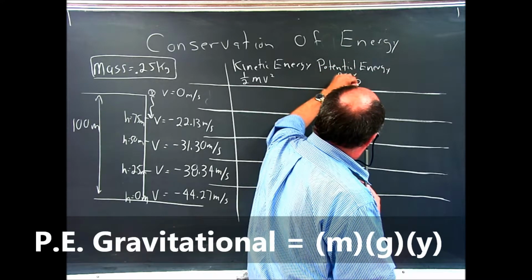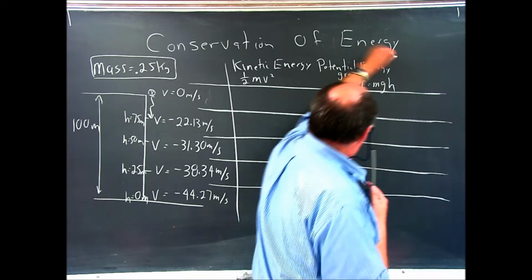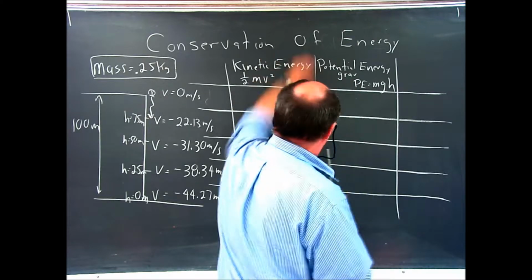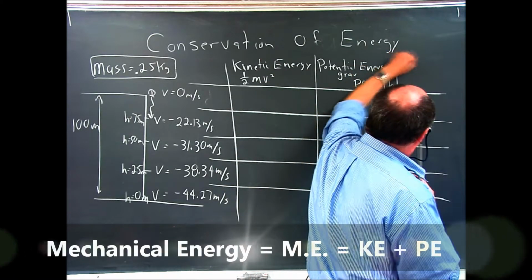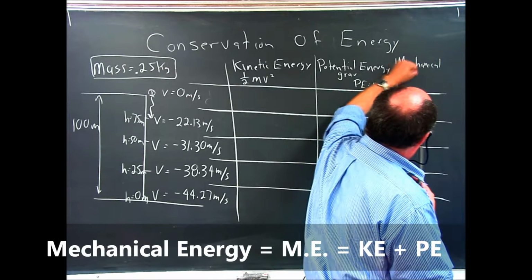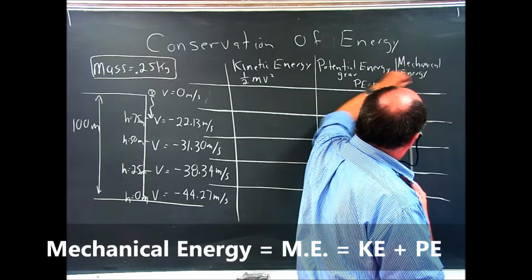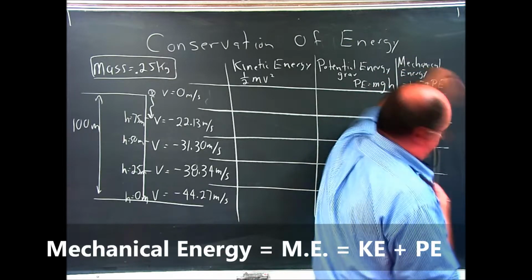Potential energy is equal to m times g times h. And on this last column, I'll talk about the mechanical energy, which just equals the kinetic energy plus the potential energy.